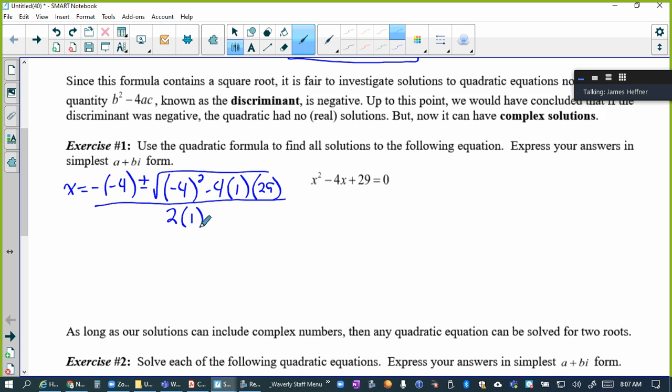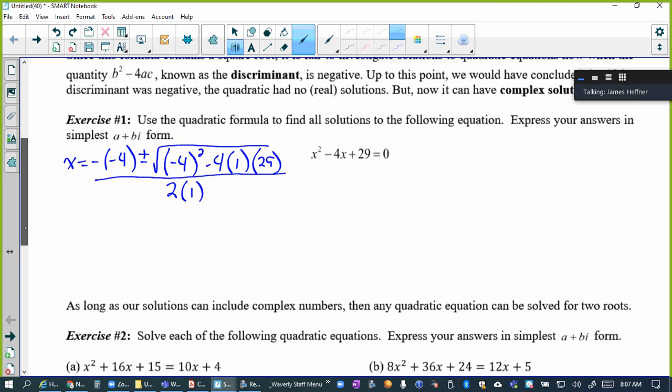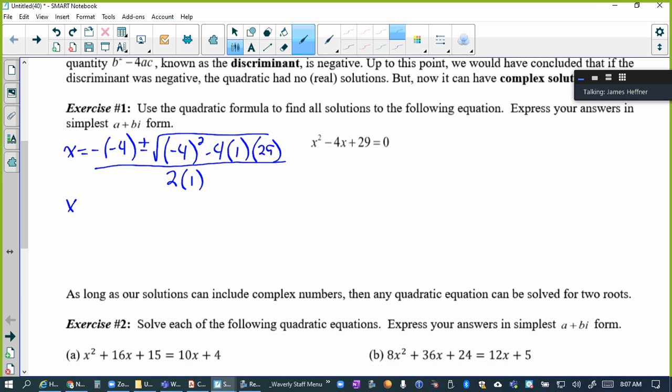All right. And so then, some of that you might need your calculator for. Maybe you don't. So the -4 becomes +4, right? Plus or minus the square root of 16, minus, there's no negative times a negative in there. 4 times 29, I believe that's 116, right?